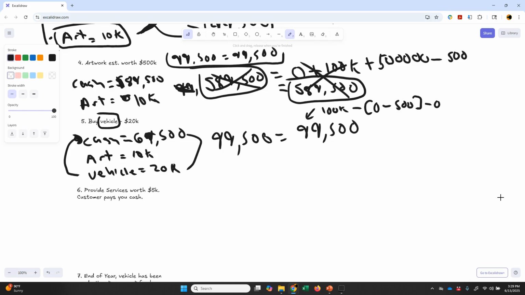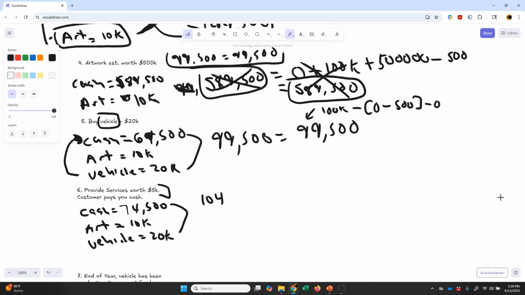Okay, so now we provide some service to our customer and the customer pays us cash of 5,000. So our cash is going to go up by 5,000 to 74,500. Our art is still the same, 10K. Our vehicle is 20K. And so when you add this up, it's just going to be basically 5,000 more than this. So 104,500. And then what's happening on the right-hand side of the equation?